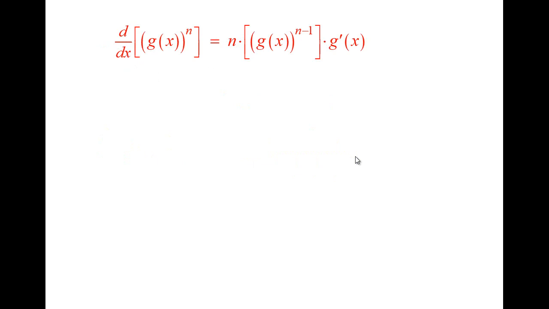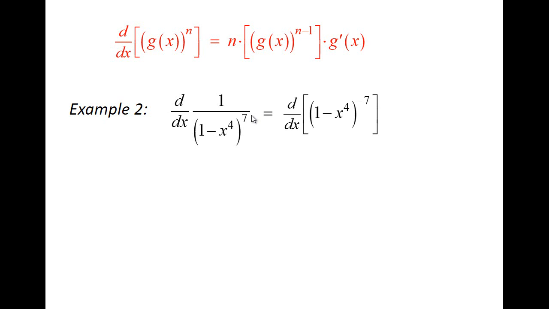So let's apply this general power formula. Let's say I want to find the derivative of the function 1 over (1 minus x to the 4) to the 7. The first thing I'm going to do is rewrite that as the function (1 minus x to the 4) to the power negative 7. So now I have some function to the power negative 7.